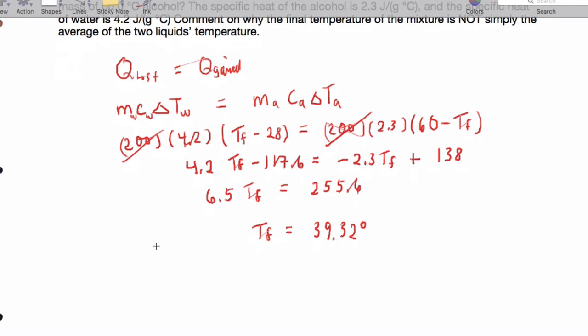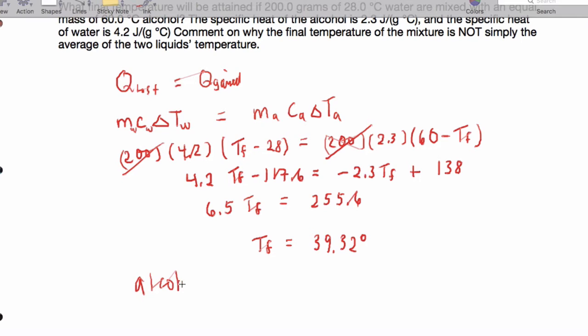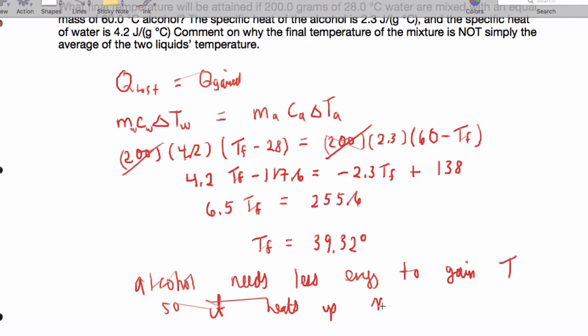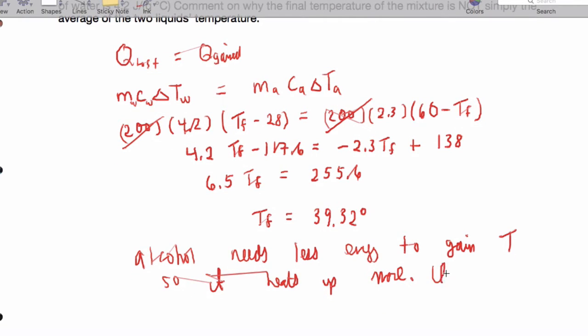So the alcohol needs less energy to gain temperature, so it heats up more, and it heats up more than the water cools down.